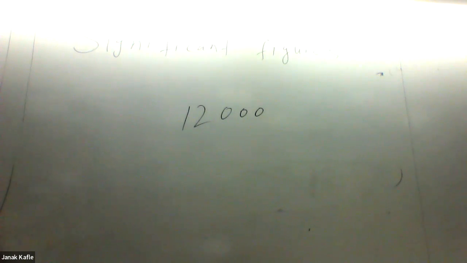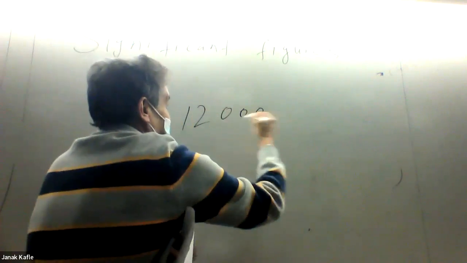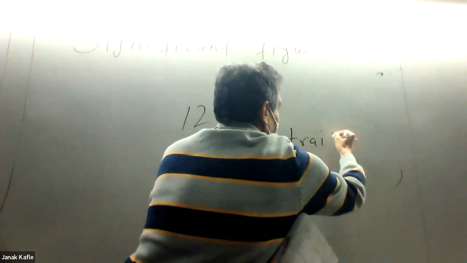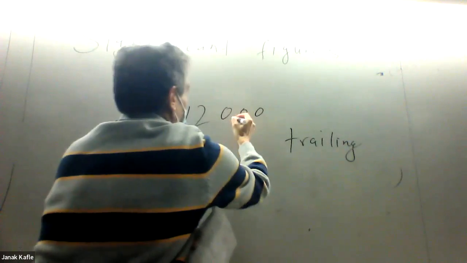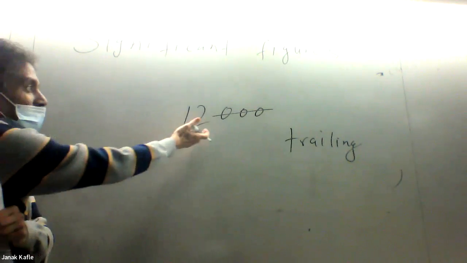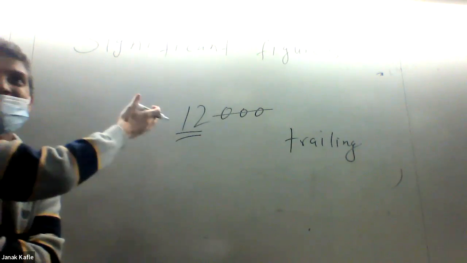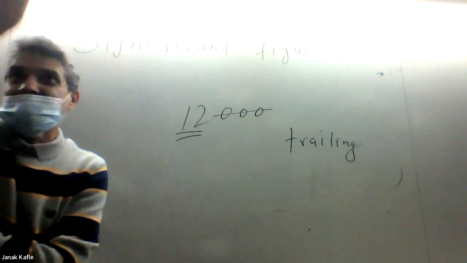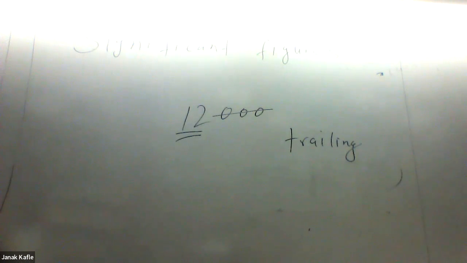If there is no decimal, the trailing zeros, or the behind zeros, are not counted toward the significant figures. So this is a 2 significant figure number. Make sense? I'm not saying this is 12 miles. This is 12,000 miles. But when we report the significant figures, only the front numbers are the significant figures.